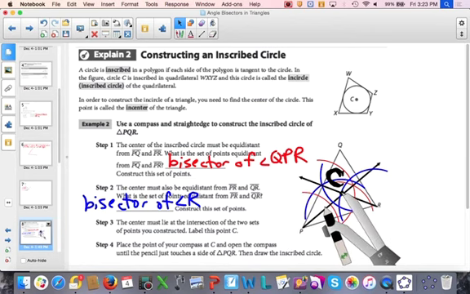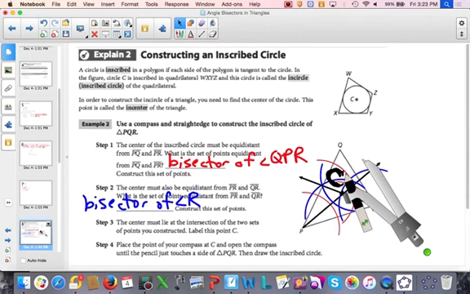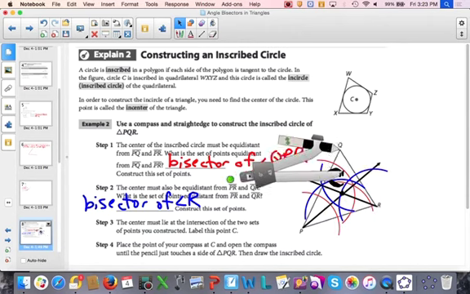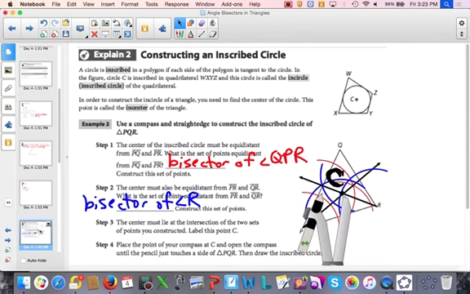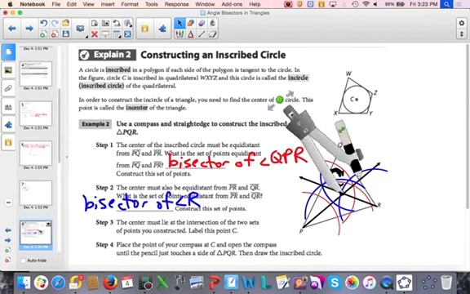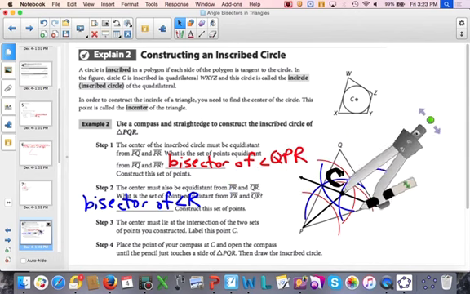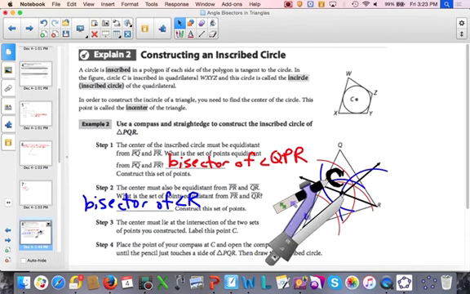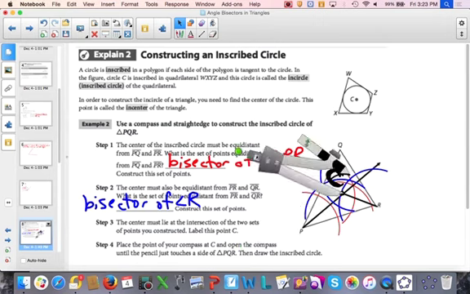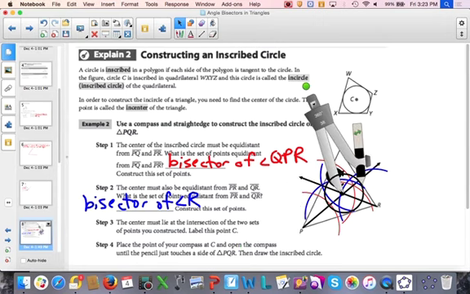And I'm not drawing it yet. But do you see how it would just barely touch, and I'm a little bit off. So, there we go.